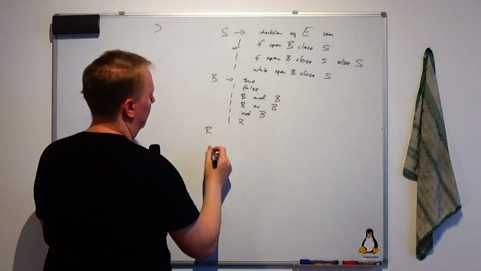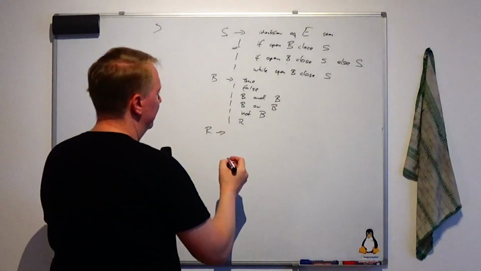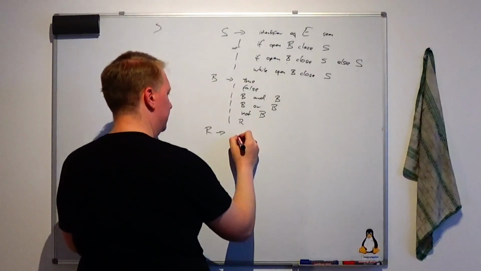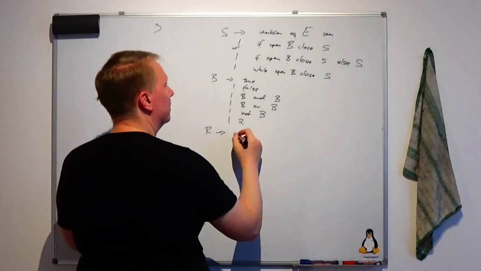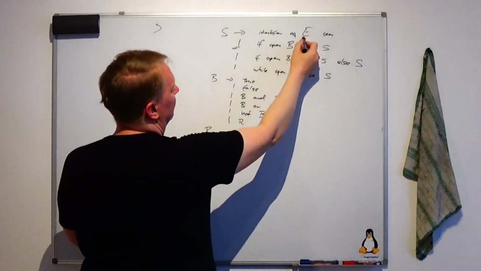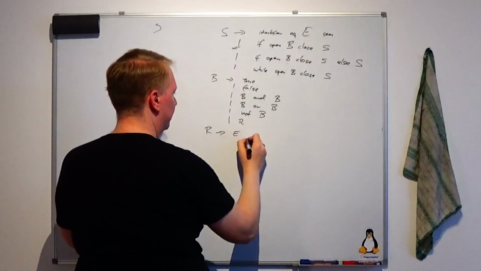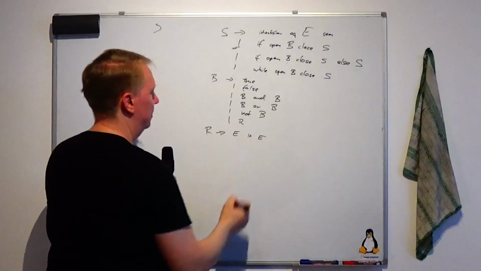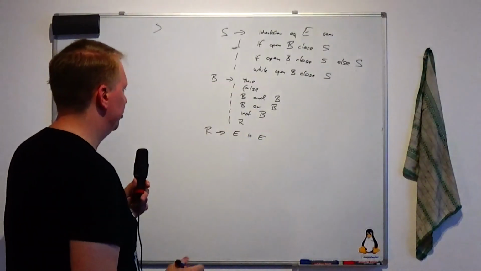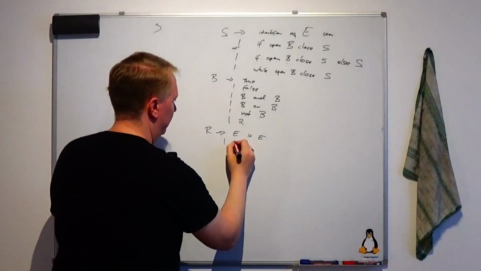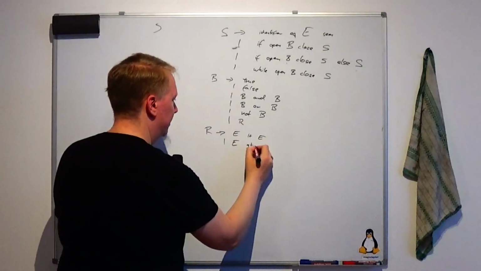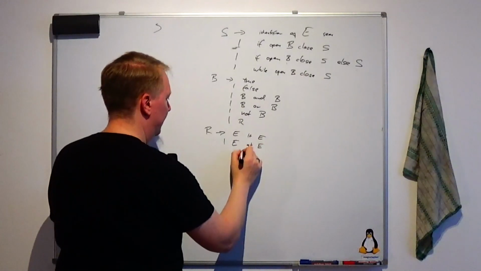So a relative statement or a relative expression could be an arithmetic expression less than another arithmetic expression, or an arithmetic expression greater than an arithmetic expression, and so on.